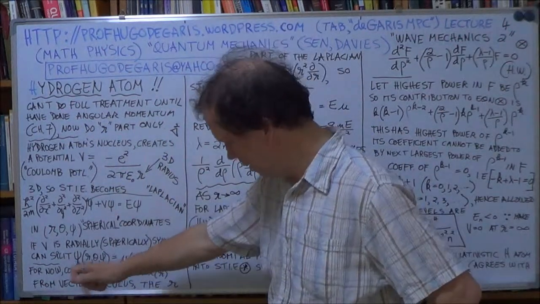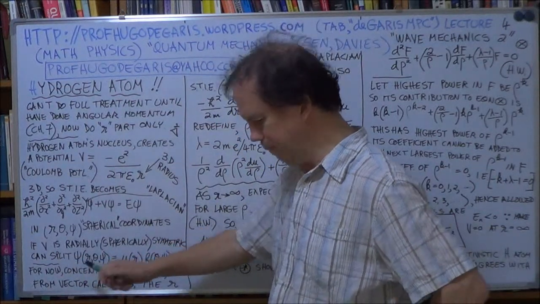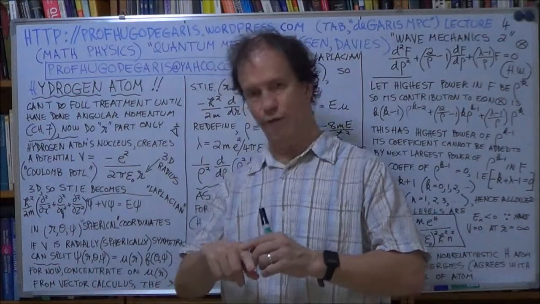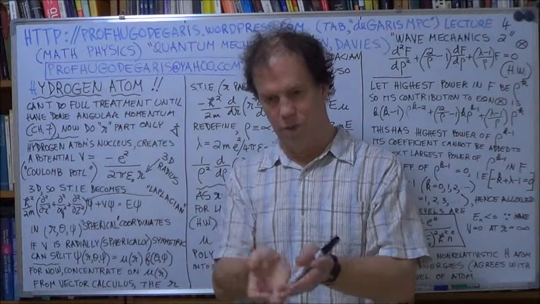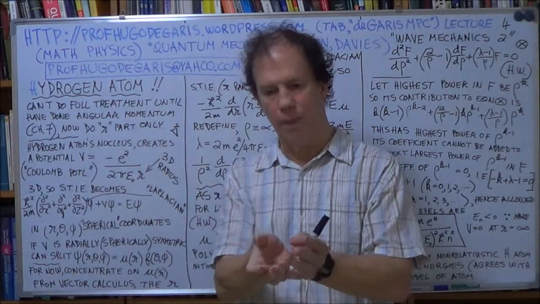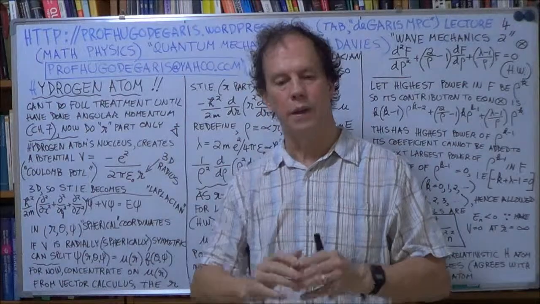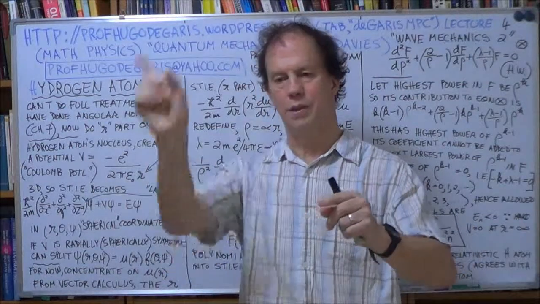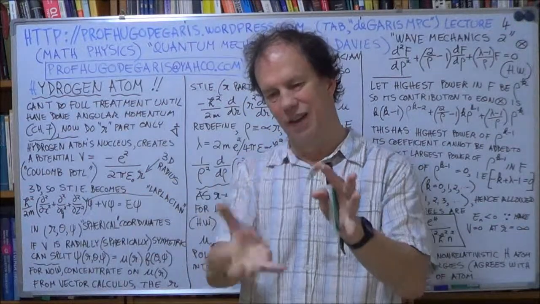See, the function, strictly speaking, depends on 3 variables. The wave functions that you get for the hydrogen atom, some of them are radially symmetric, but others have sort of loops. They depend on the angle, and as you get to higher and higher orbits, you get all these loops.